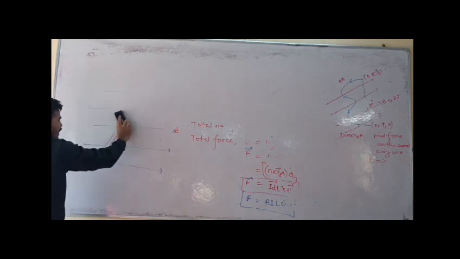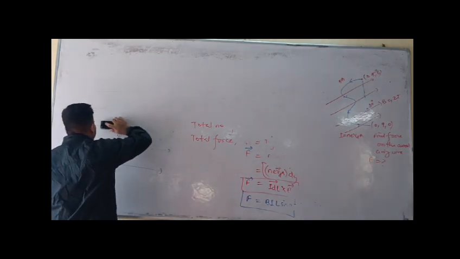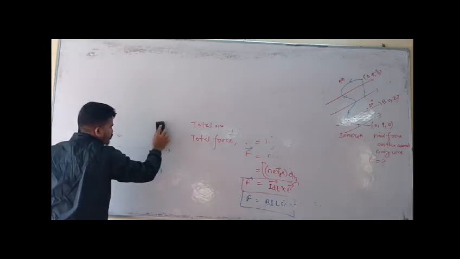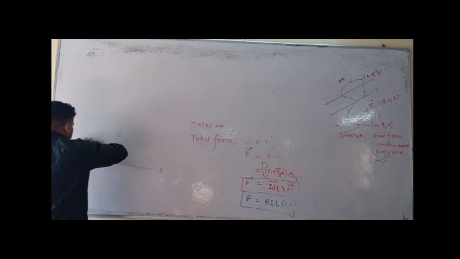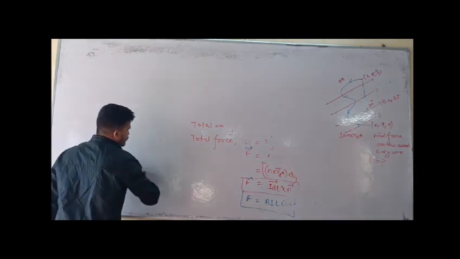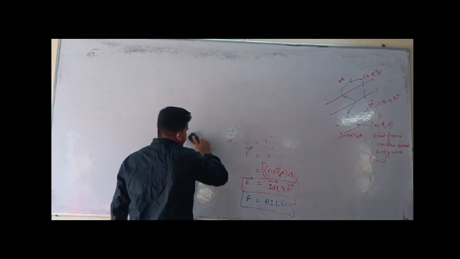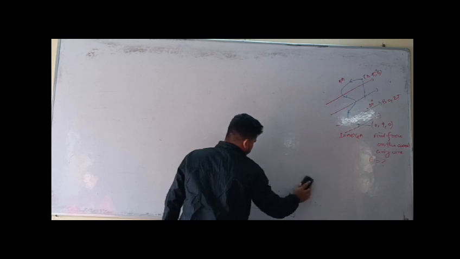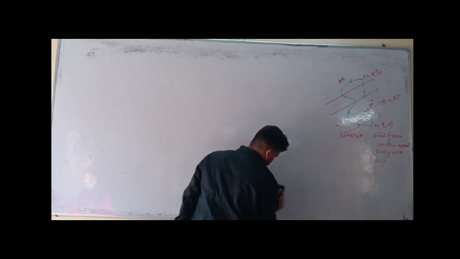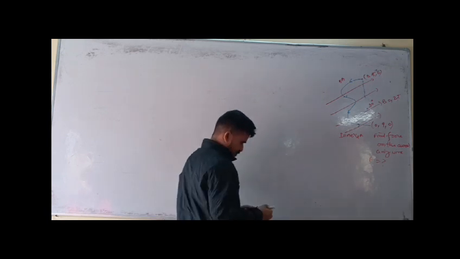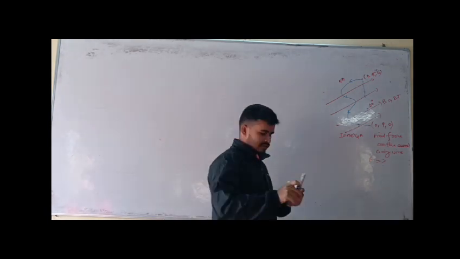You will have to take dl in the form of displacement. You will take the difference of the initial and final positions, the shortest length. I'm solving this question. Solve.